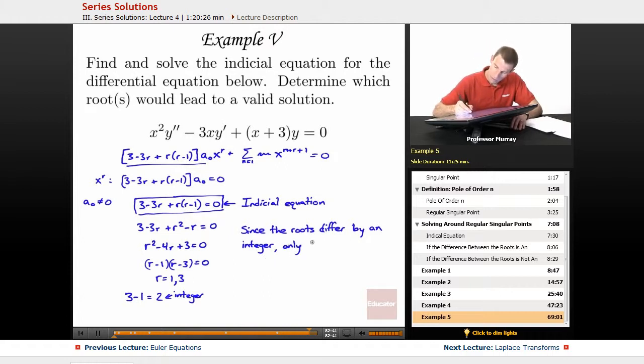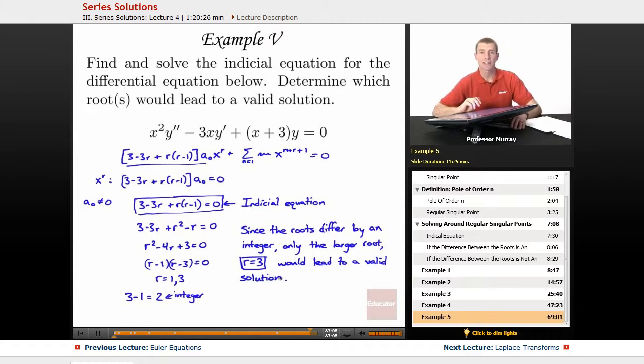Only the larger root, r equals 3, would lead to a valid solution. So that's the end of what this example was asking us to do.